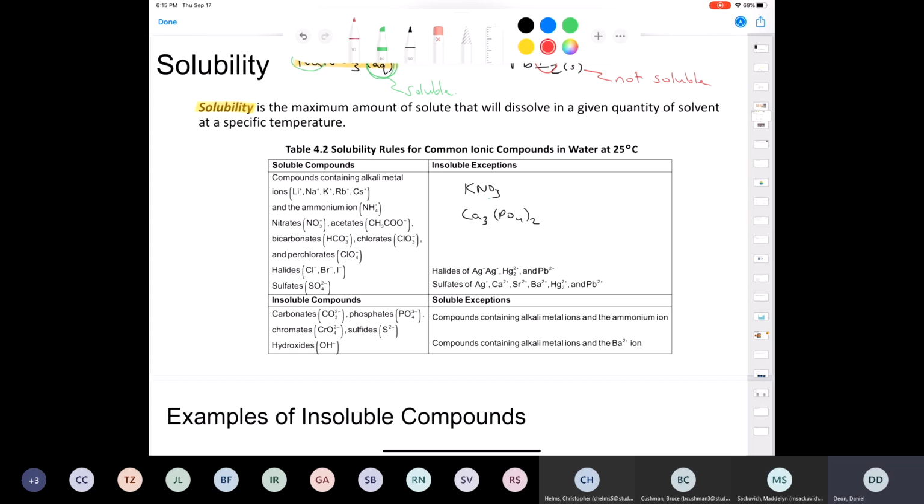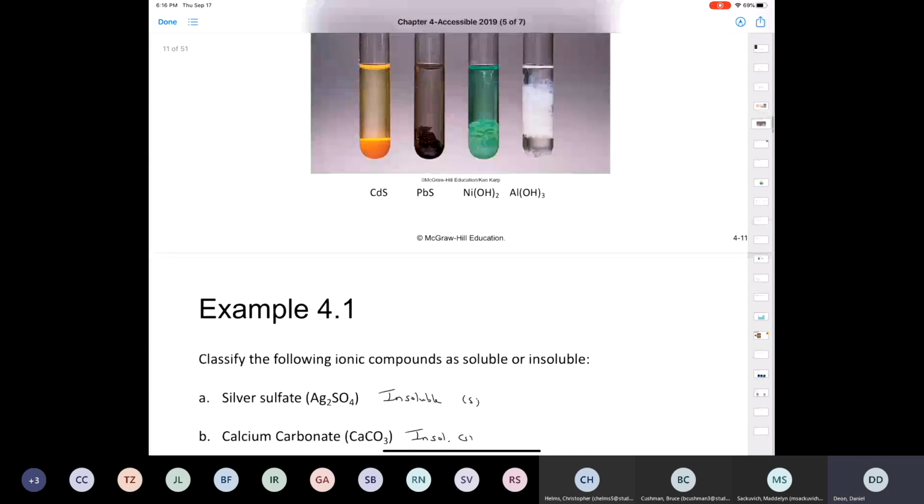Well, it says here, all soluble compounds containing alkali metal ions, K+, no exceptions. So this is going to be aqueous. We're going to do the same thing for phosphates. We go down here, phosphates. Phosphates are insoluble. It says soluble exceptions: compounds containing alkali metal ions and ammonium. Calcium is an alkaline earth. It is not an alkali metal, and so this is solid. Now we can put that into our equation.